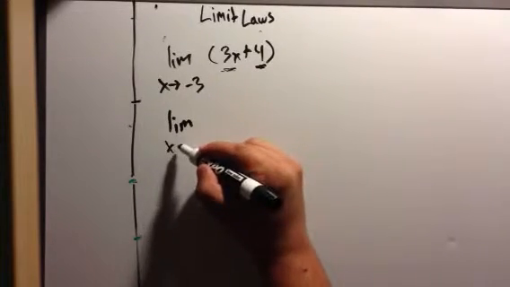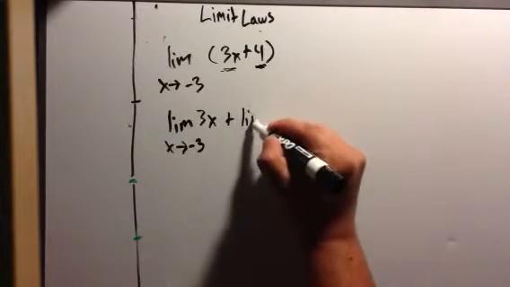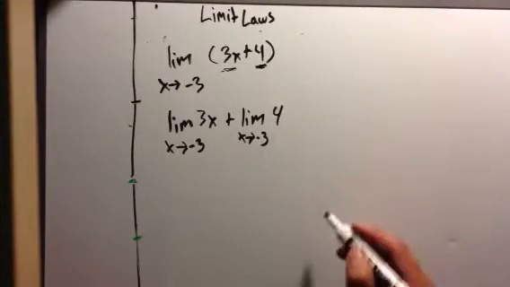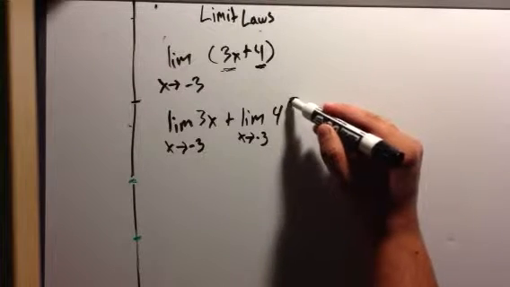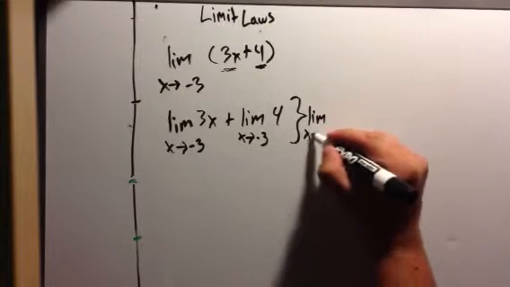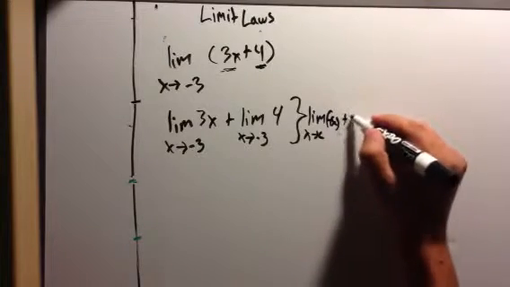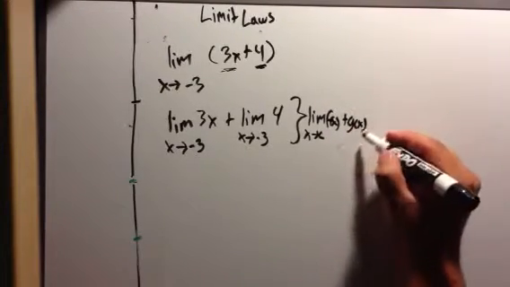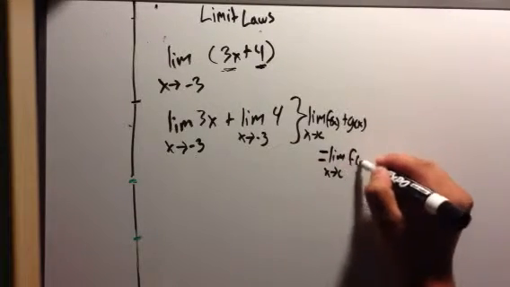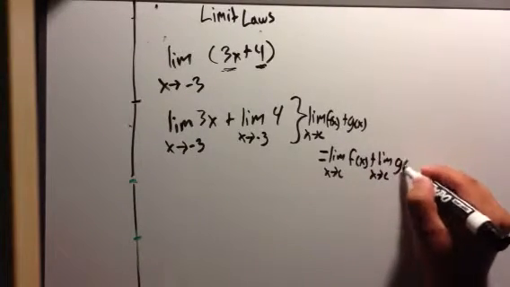So we'll just write the limit as x goes to -3 of 3x plus the limit as x goes to -3 of 4. And for this one, we just used the limit as x goes to some number c of f of x plus g of x, which is just equal to the limit as x goes to c of f of x plus the limit as x goes to c of g of x.